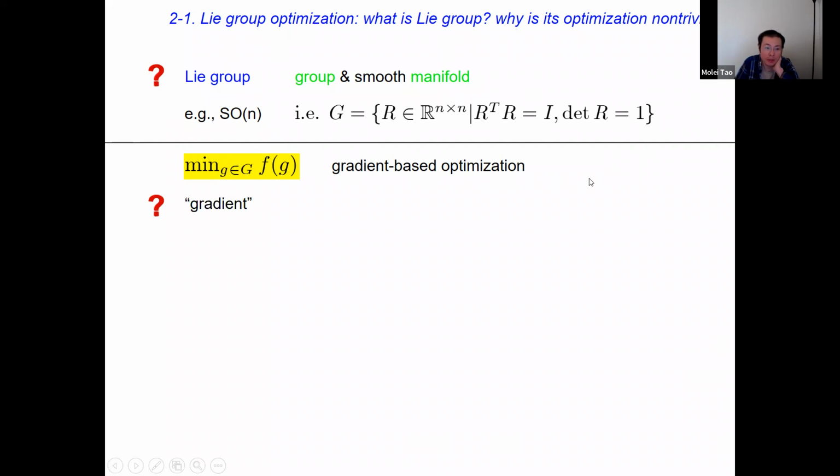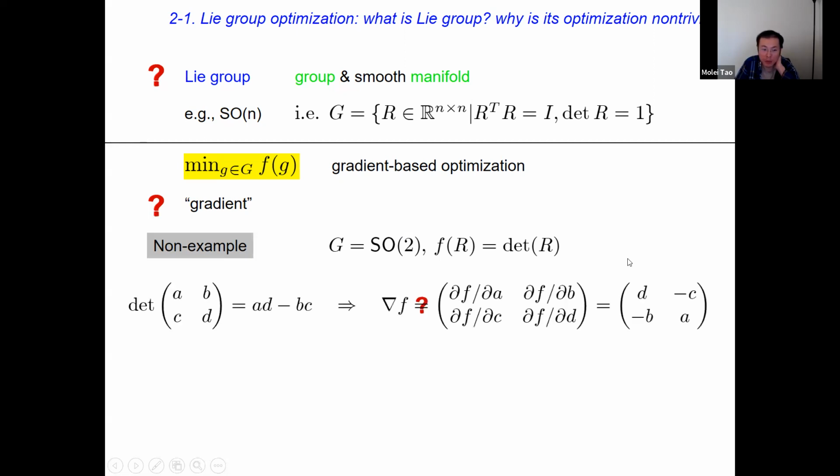But then, of course, you may ask, what do you mean by a gradient? In fact, this is a non-trivial question, and here is why. Let's consider a simple example, just SO(2), rotations in 2 dimensions, and consider a special objective function, which is just the determinant of the matrix.